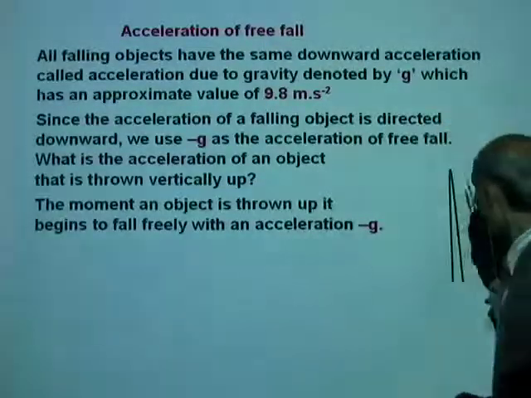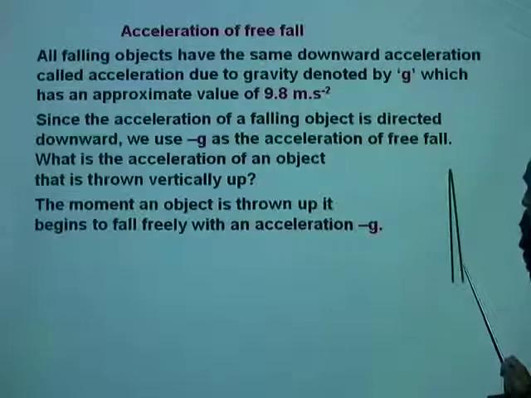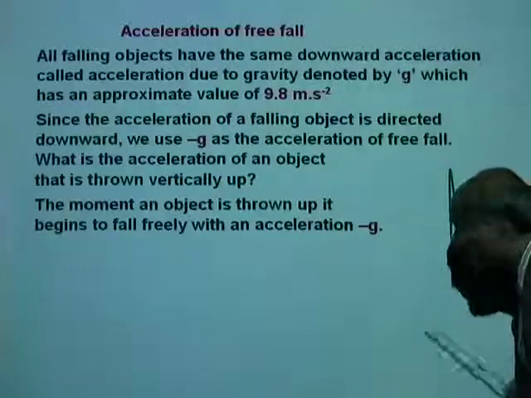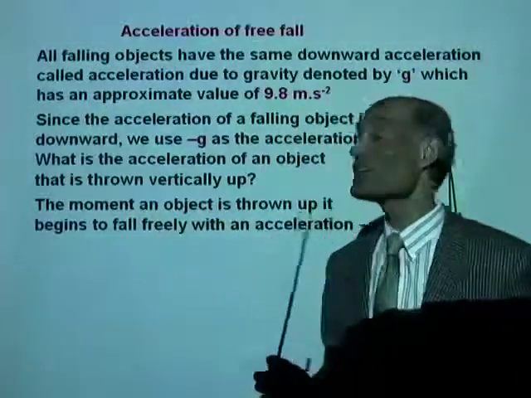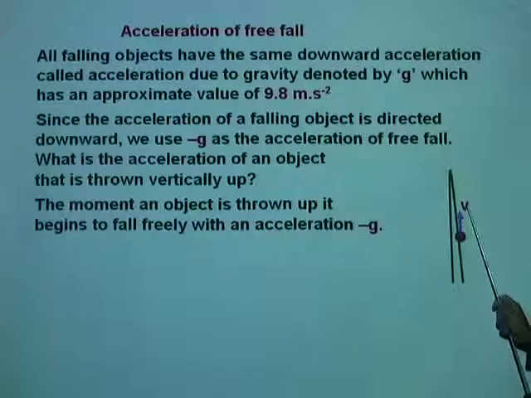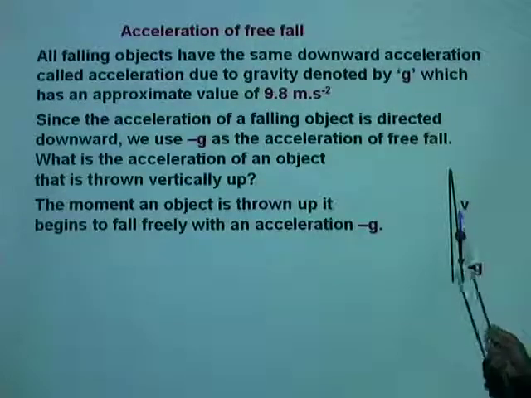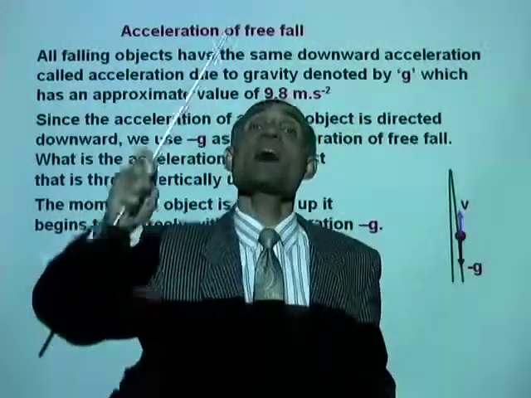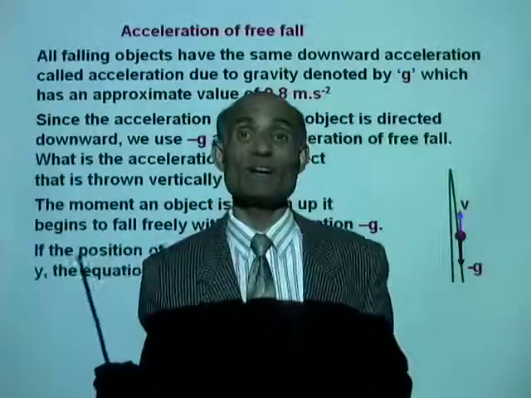You see, as the object is thrown up, the moment it is let go, it begins to fall back. And that is why it stops and then falls back. Its acceleration throughout the journey will be negative g. Its velocity while going up is positive, its acceleration is negative. So you must look at that. While going up, its velocity is upward and its acceleration is downward because it is being pulled by the earth.